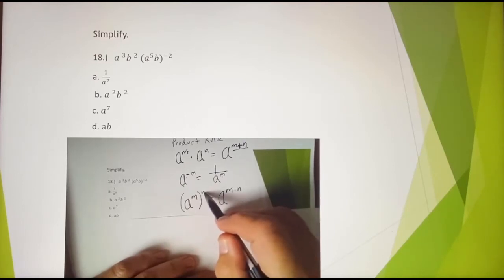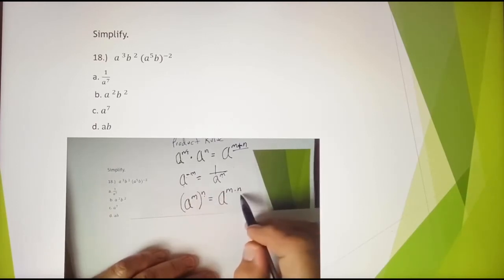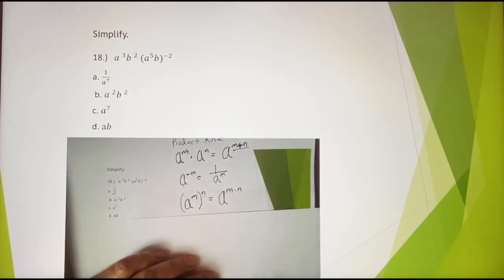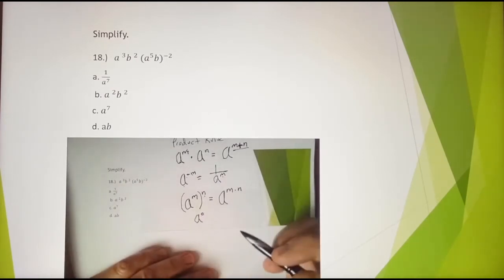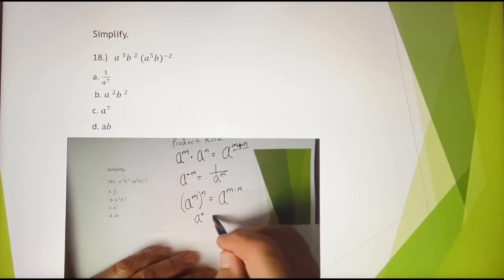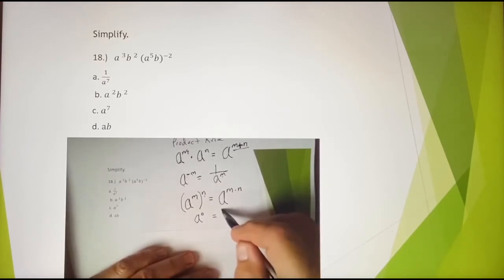So in this case, because the entire thing inside the parentheses is raised to the n power, we're going to multiply the exponents. And one more rule that will help you is if you've got a 0 exponent, a to the 0, anything to the 0 is going to be equal to 1.